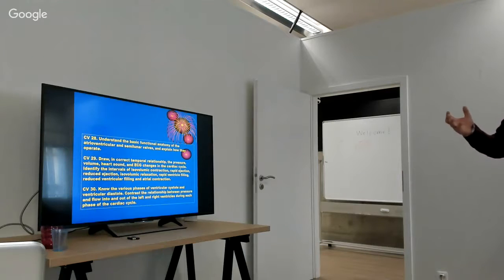Know the various phases of ventricular systole and ventricular diastole. Contrast the relationship between the pressure and the flow into and out of the left and right ventricle during each phase of the cardiac cycle. You know when the flow goes in, when it goes out.